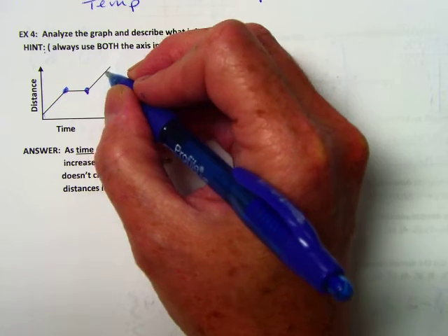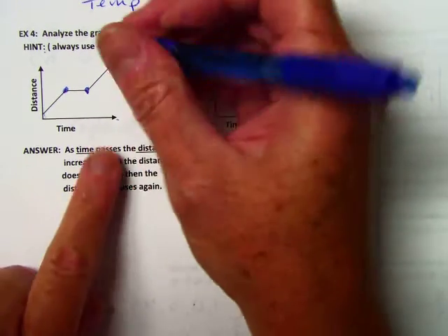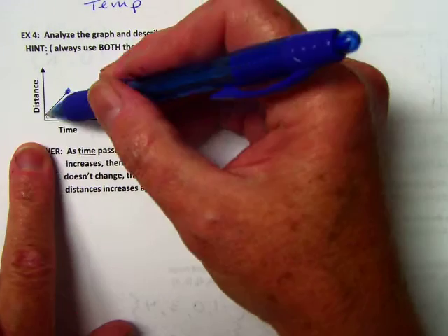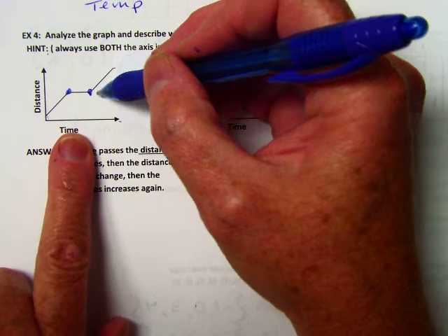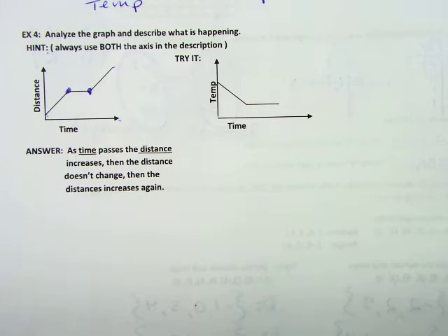What I want you to not make the mistake of is thinking that just because this is going up and then going up some more, you're getting further away from anything. It just means you're putting more miles on your bike. Coming back to the house would still be putting miles on, so my distance would still be increasing, even though I might have come back home. Does that make sense? If you pedal backwards, it would decrease. We wish that would happen.